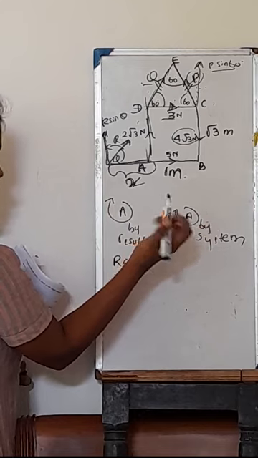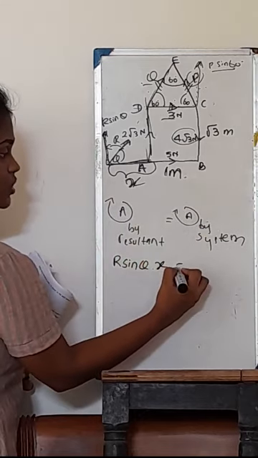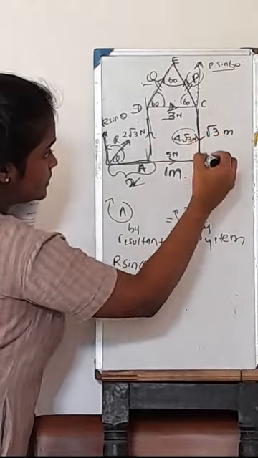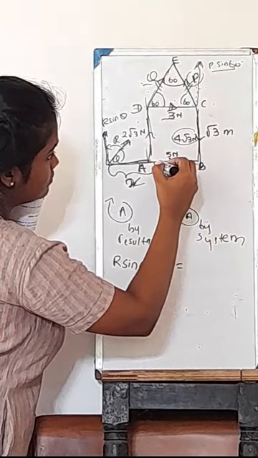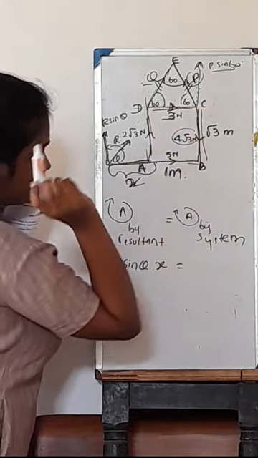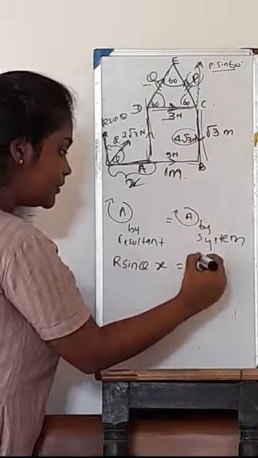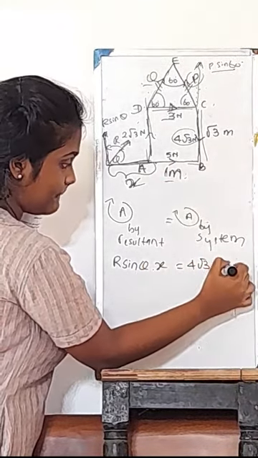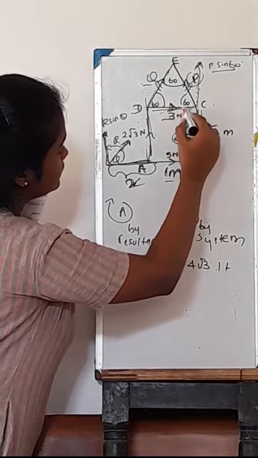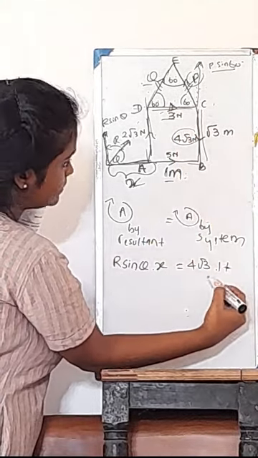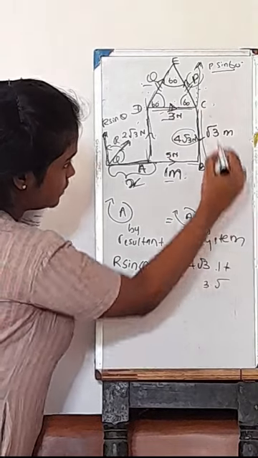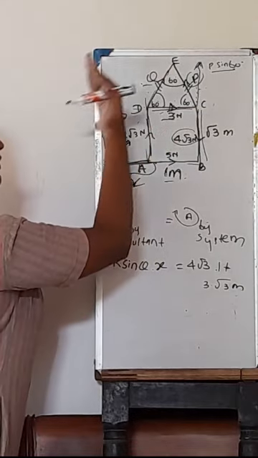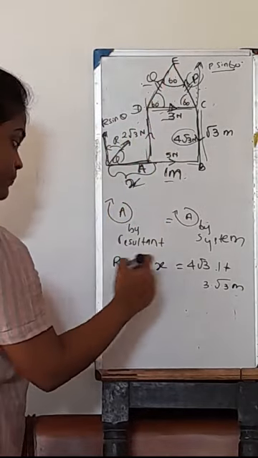We don't know it. So it's x. So we write x equals to moment about A by the system, which means we can take this into its perpendicular distance and this into its perpendicular distance. Right? So 4 root 3 into its perpendicular distance, 1, plus this force, 3, into its perpendicular distance, root 3 meters. It's plus because it goes towards a clockwise direction.